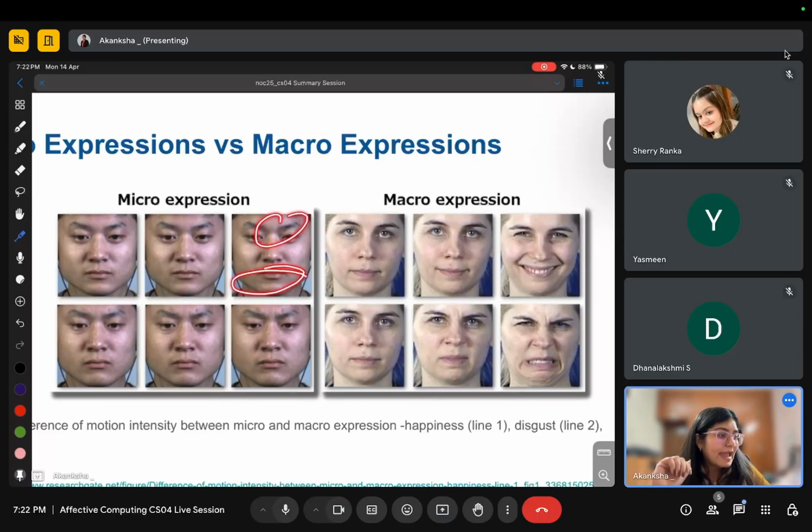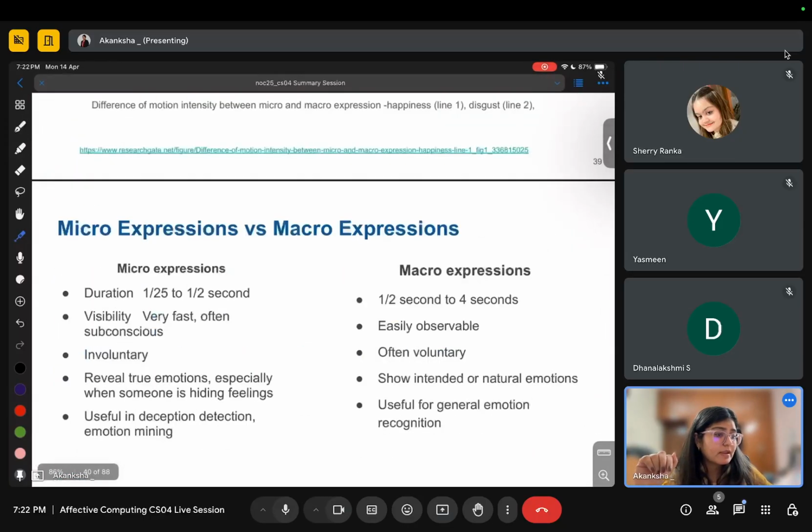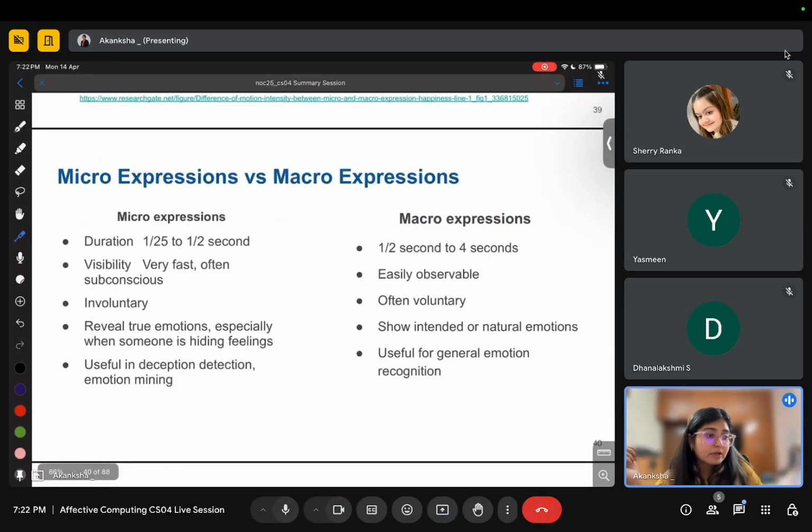And similarly the macro expressions are actually what we usually show. When you are happy she is smiling very nicely, then if this is disgust then it is disgusted, okay. So usually micro expressions last for 1/25th of a second to half a second, this is the range, and macro expressions usually last from 0.5 second to 4 seconds.